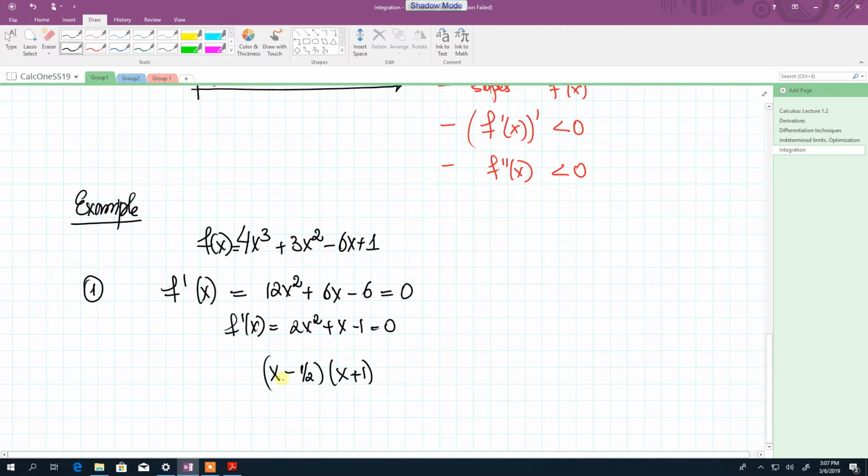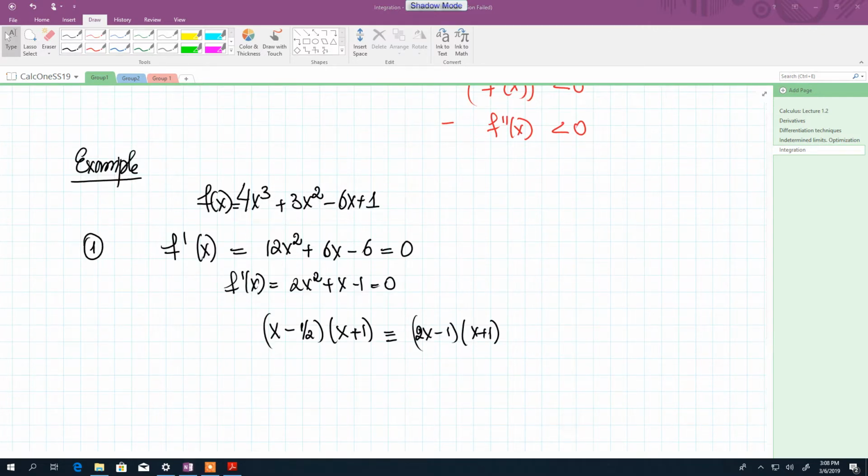Or you can write this as 2x minus 1 multiplied by x plus 1. If you open the brackets, what do you have? 2x squared plus 2x minus x minus 1, right? Exactly. So we can write this as 2x minus 1 multiplied by x plus 1, equal to 0, okay?